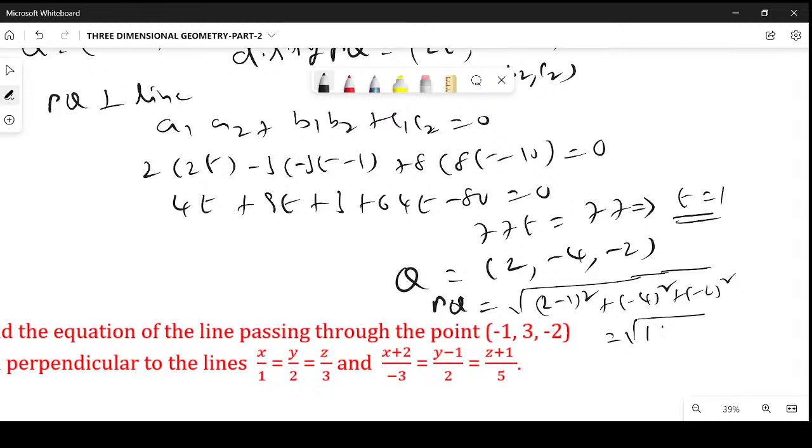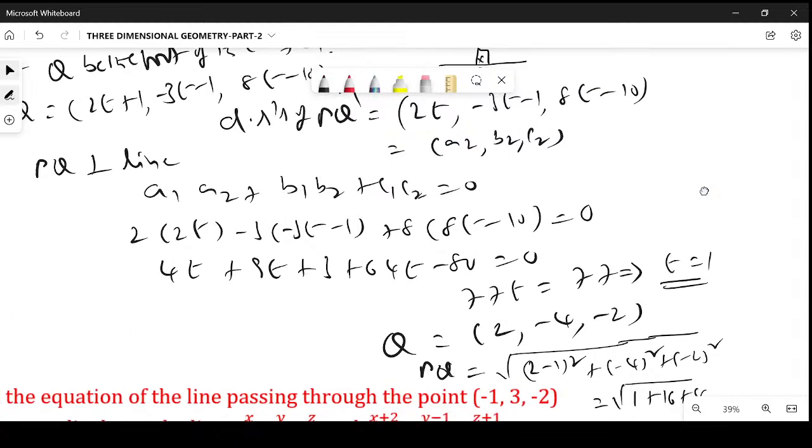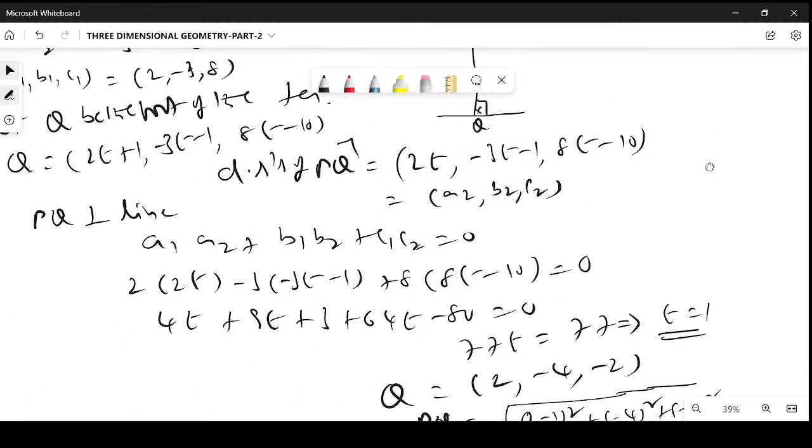It will come 1 plus 16 plus 4, which comes root 21, correct. No wait, I should be careful.